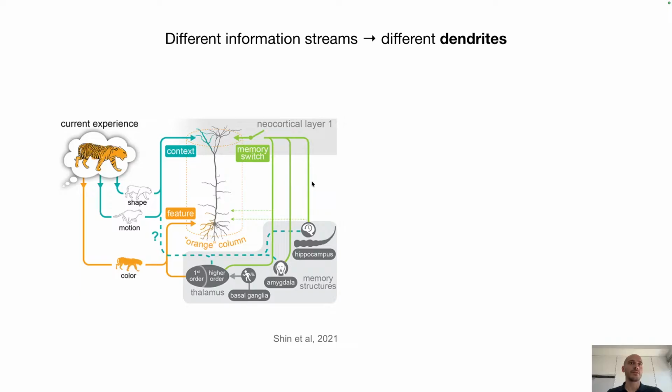And another very interesting thing, in my opinion, is that different information streams usually go to different dendrites.